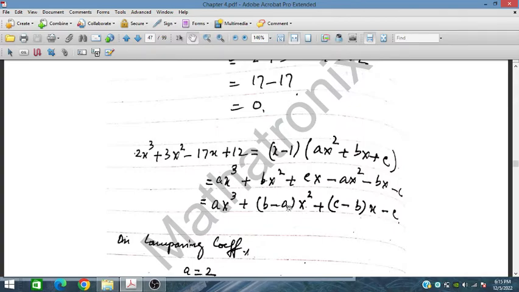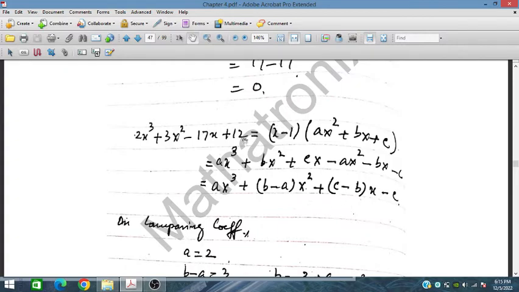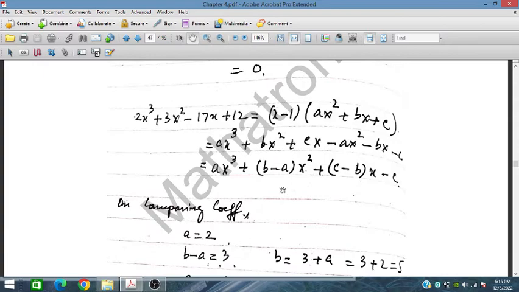Here cx and minus bx, so c minus b, x is common. Comparing with this one, c is equal to minus 12, a is equal to 2, and we have to obtain the value of b.